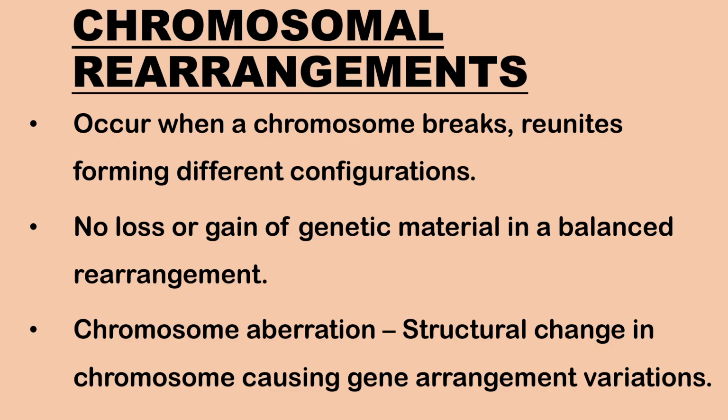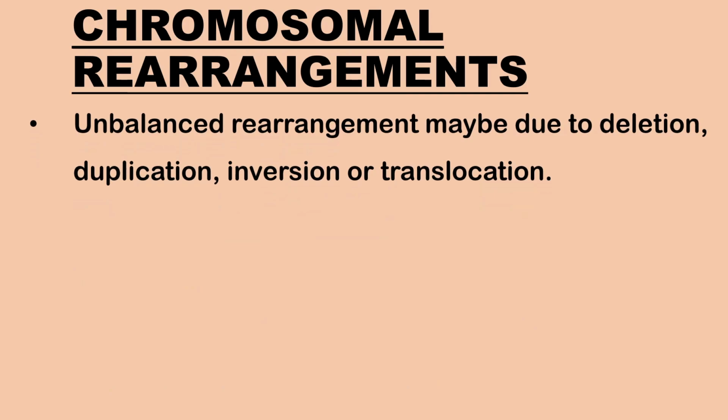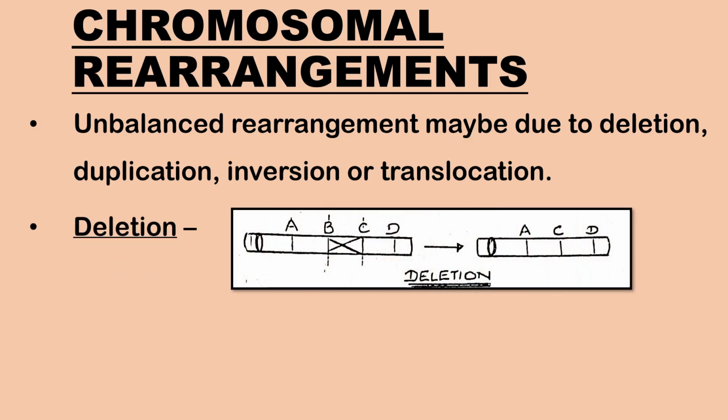Chromosome aberration refers to the structural changes in a chromosome causing variations in the arrangement of genes. Unbalanced chromosome rearrangement may be due to deletion, duplication, inversion, or translocation.